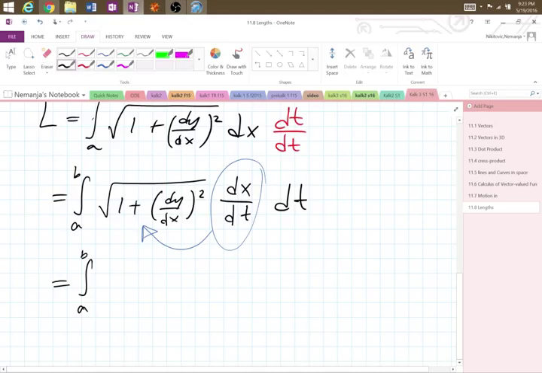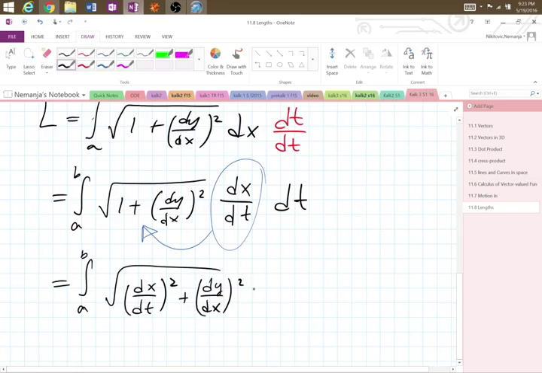When this goes under and multiplies 1, I will have dx over dt squared plus dy over dx squared times dx over dt squared, dt.